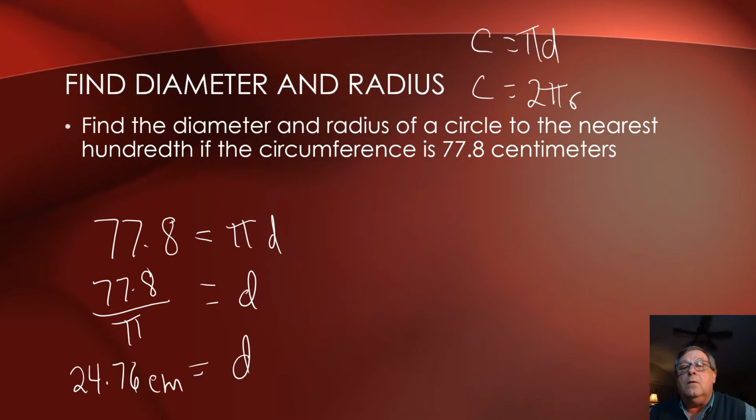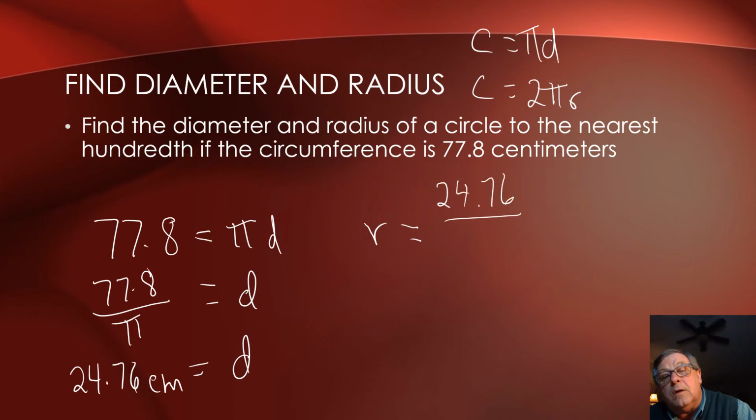Now, what about the radius? Well, if 2 times the radius equals the diameter, then half of the diameter is going to equal the radius. So I can say that the radius is then equal to 24.76 divided by 2.